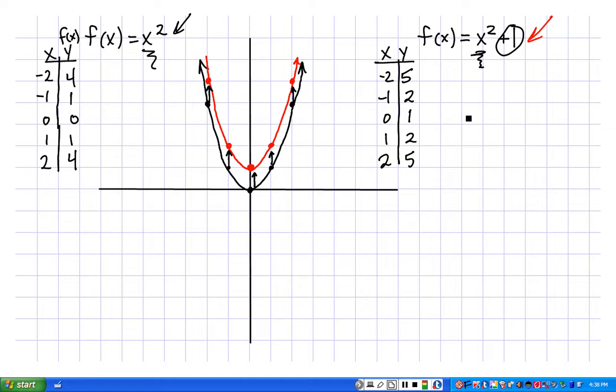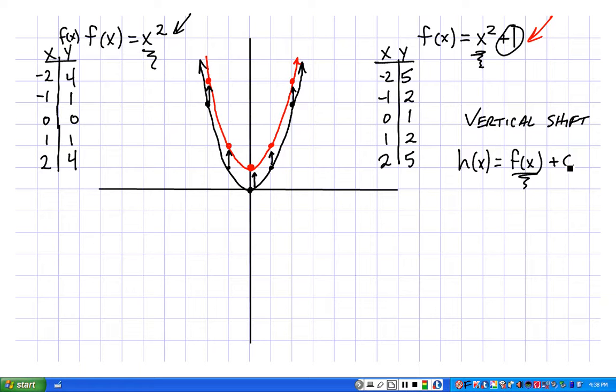Alright, so with a vertical shift, what you can expect to happen is that you have some constant. The way they write it would be like h of x equals your parent function plus some constant.